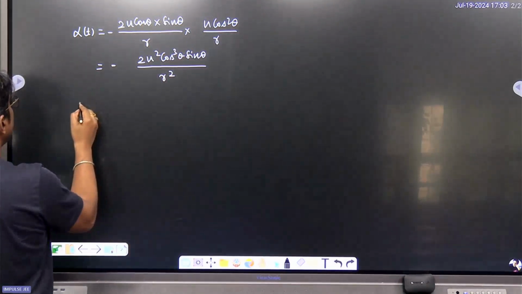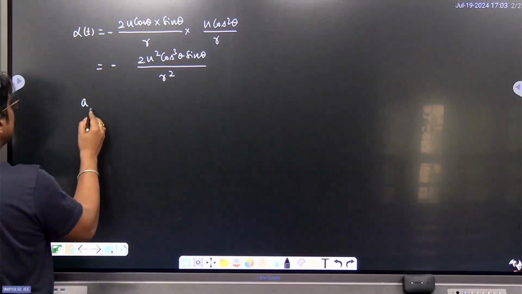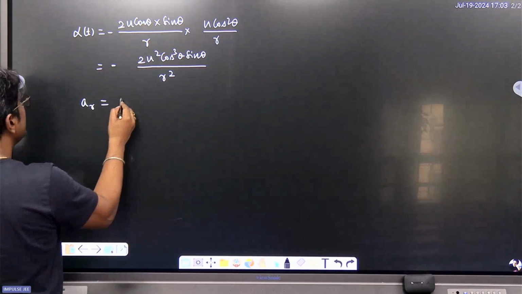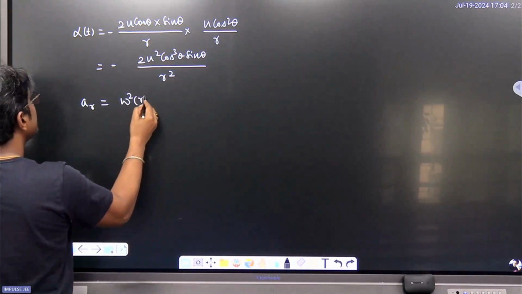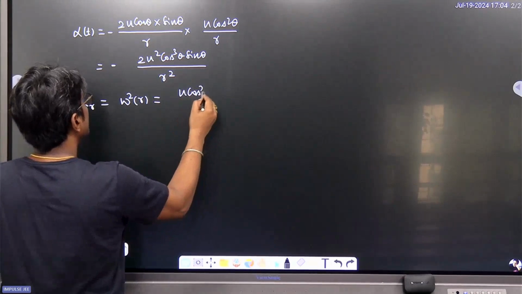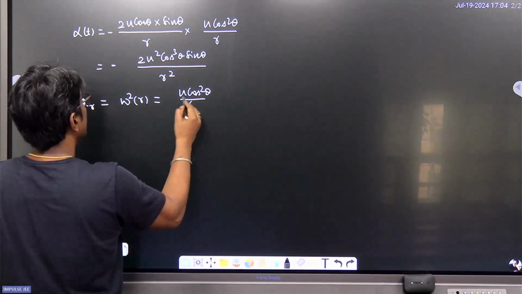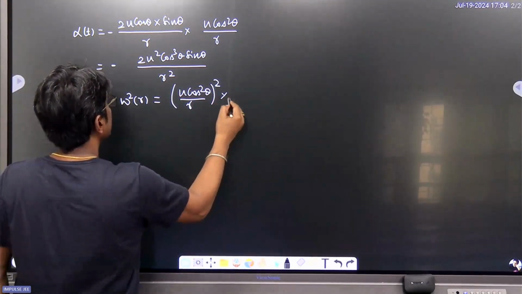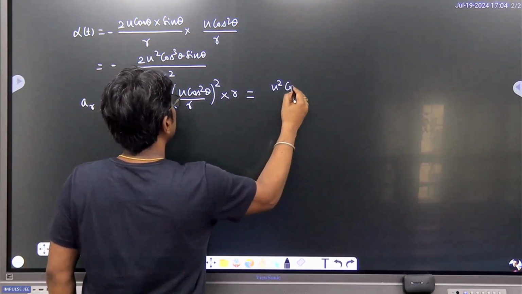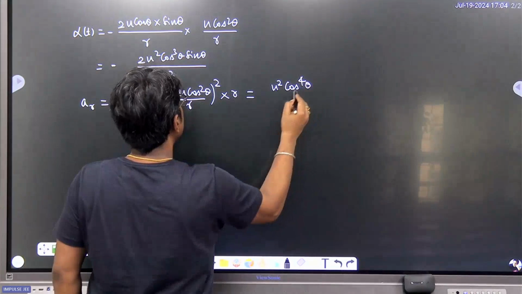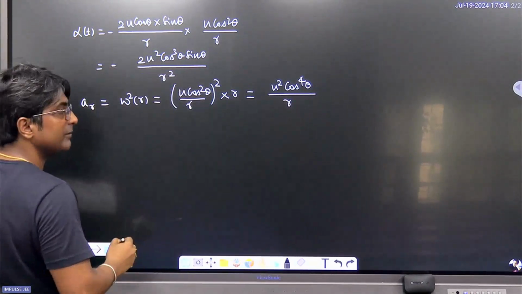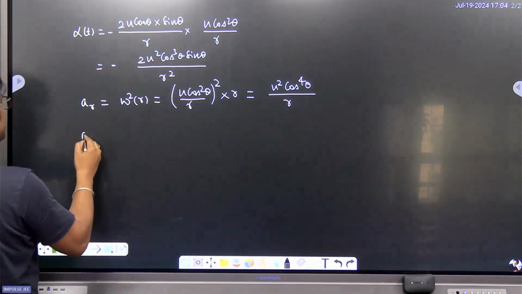Now we can write centripetal acceleration, or you can say radial acceleration, as omega square r. And the omega value we have, u cos square theta by r, whole square times r, which we are getting u square cos 4 theta by r. This is the centripetal, or radial, acceleration.